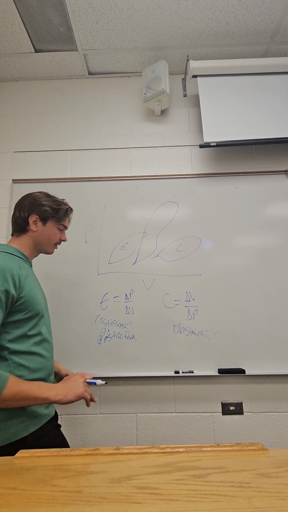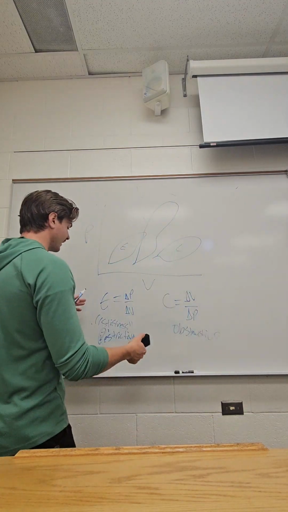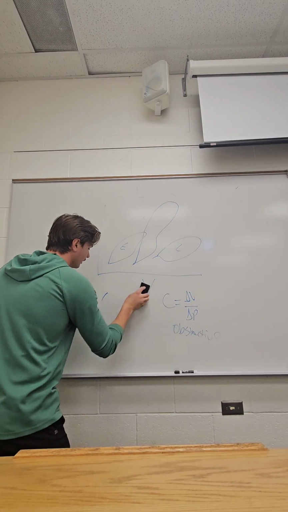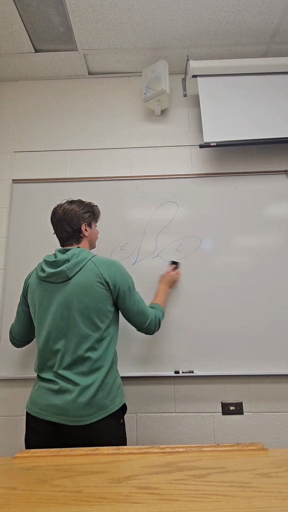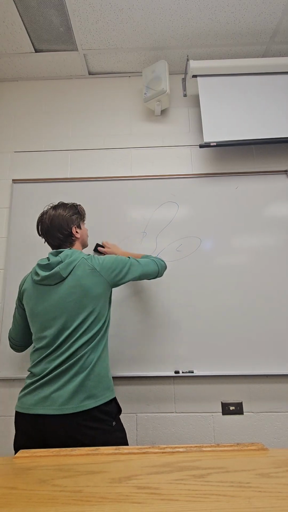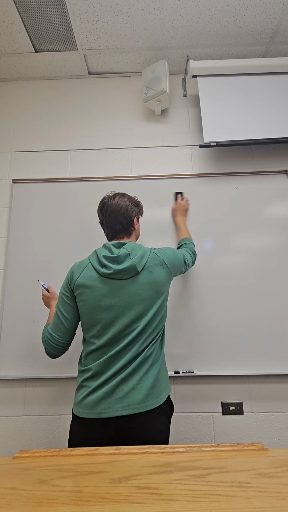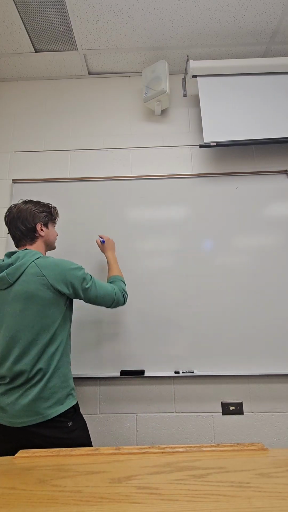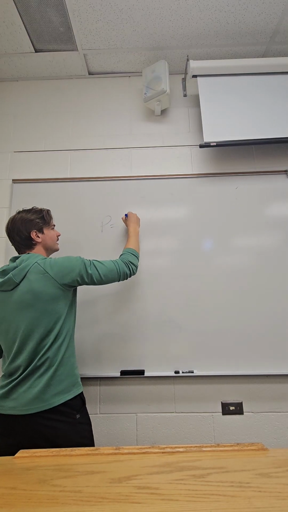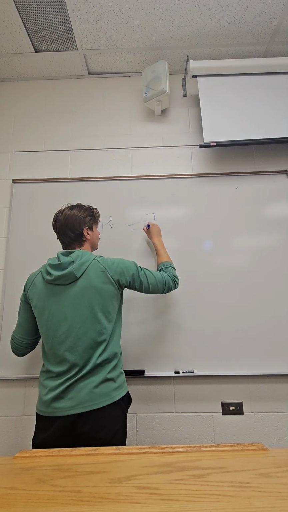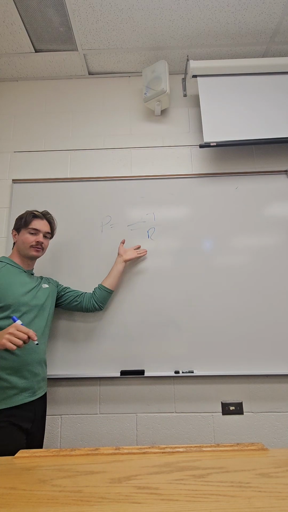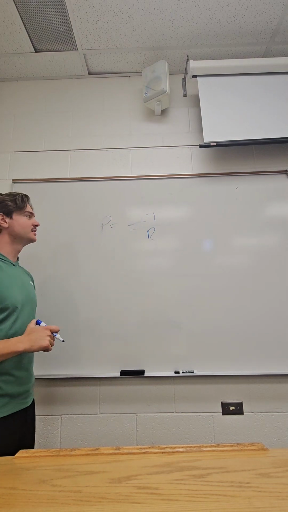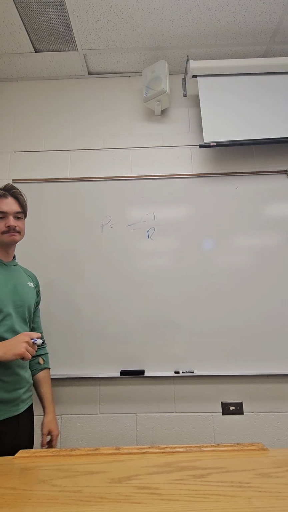There's also another thing here, and that affects pressure primarily, and it's called Laplace's law. Okay, Laplace's law basically says that pressure equals 2T over R, R being the radius, T being the surface tension, and P being pressure.